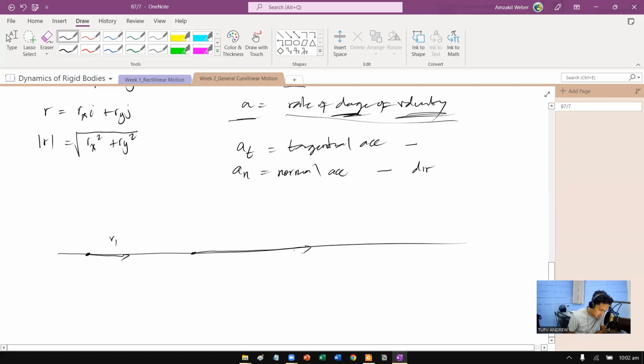Then it speeds up, and later it slows down, v3. Okay, straight line. We have changes in velocity, therefore we have tangential acceleration, because the magnitude changes. But since the path is straight, the normal acceleration, which is responsible for the change in direction, is 0.